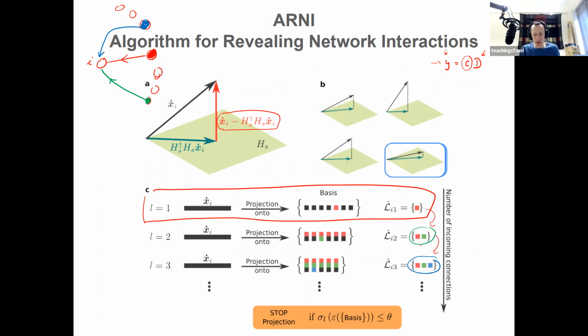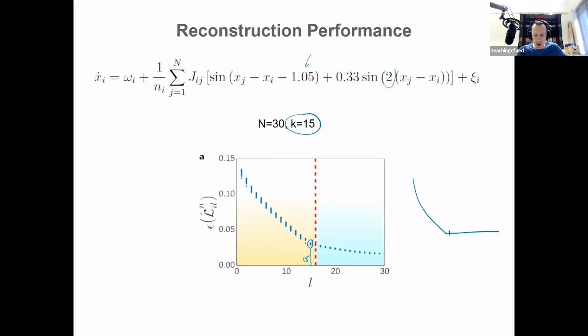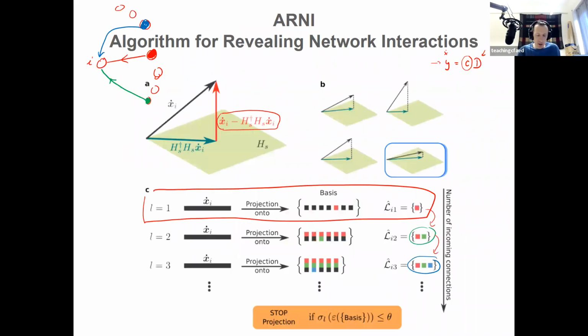In general, if you just want to check all combinations, like you say you have 15 guys, and you want to check all combinations of 15 units out of 30, good luck, right? That's combinatorial. You are not going to succeed. And that's why Jose came up with a greedy scheme, which, well, it does work.